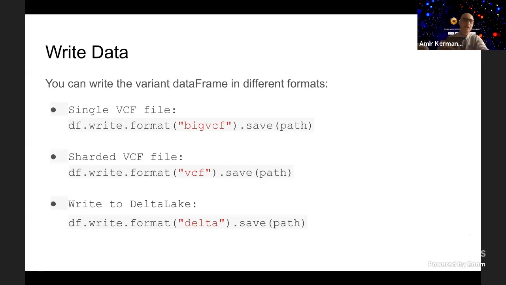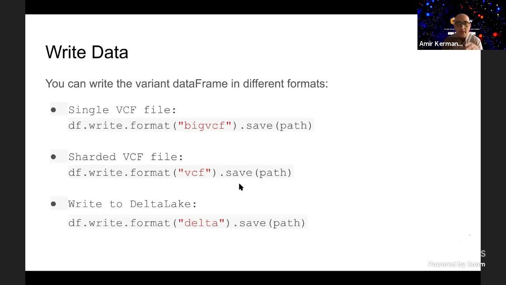So you ingested the BGEN, you want to write it as a VCF, and this is a smaller file that you can just do in one file. You can use the big VCF format that will output the traditional VCF flat file. Alternatively, you can shard this file if it's a bigger file, the same way that you have sharded Parquet files or CSV that we distribute. You can do that with just writing VCF.